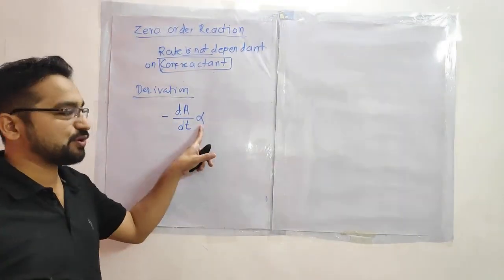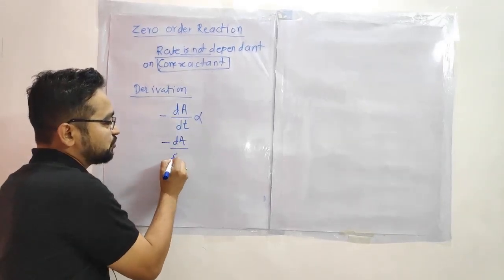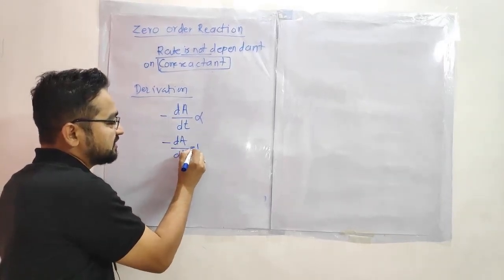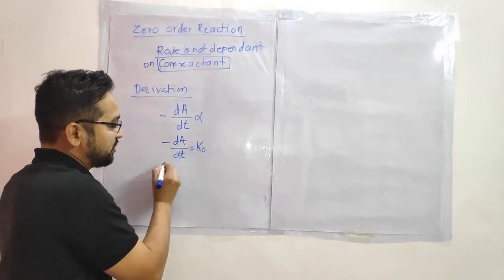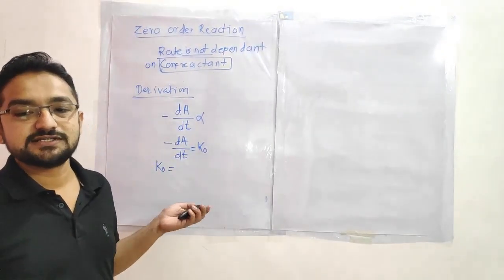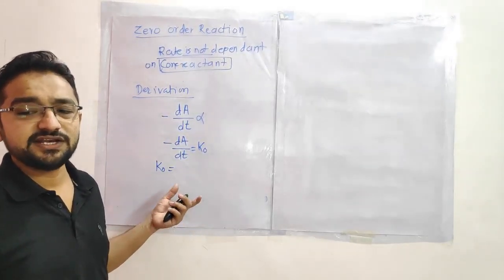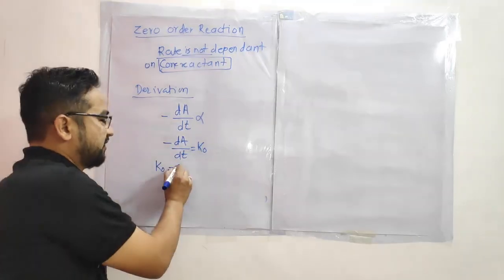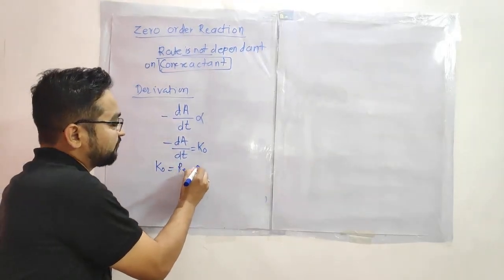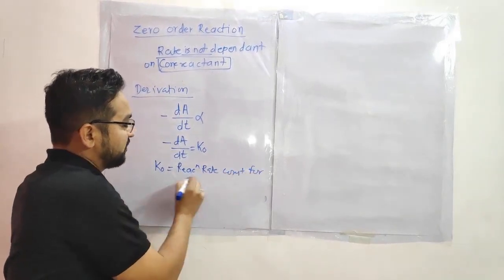To remove the proportionality sign, you know what you are going to write: A = k0. So what is this k0? This k0 is the reaction rate constant for the zero order reaction.